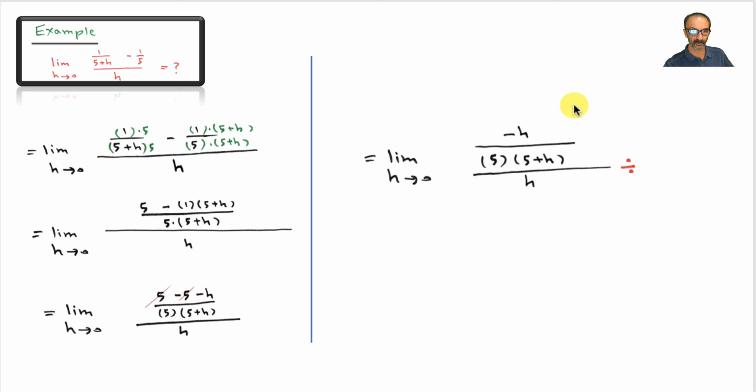Now, this is called mixed fractions. The main fraction bar is the longer one. I'm pointing to it with this division symbol. To simplify without confusion, right here, I'm gonna change the main division to a multiplication, but on one condition: flip this right here, or we'll call it the reciprocal.